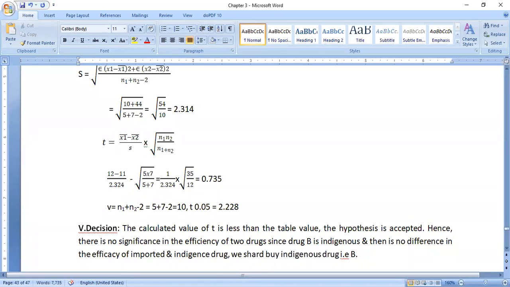So we should buy the indigenous drug B. Okay, this is the process. In this way we have to do it.